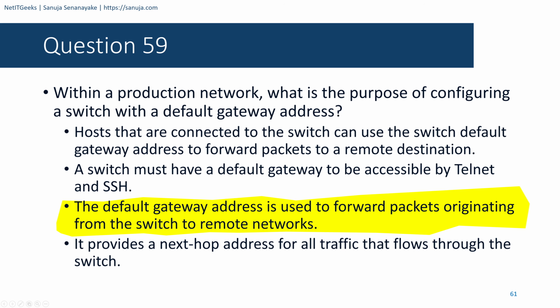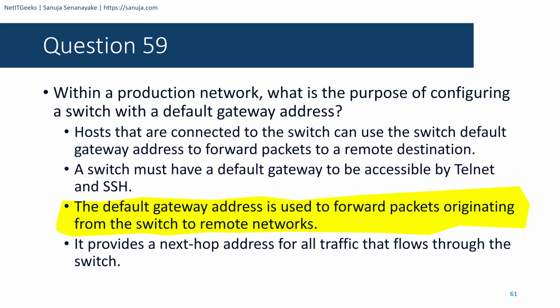Basically, a default gateway address allows the switch to forward packets that originate from that switch to a remote network, because it allows it to communicate with the outside world. A default gateway address on the switch does not provide layer 3 routing. Layer 3 routing is what a router does.